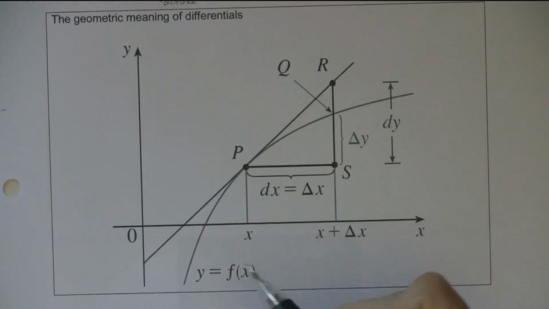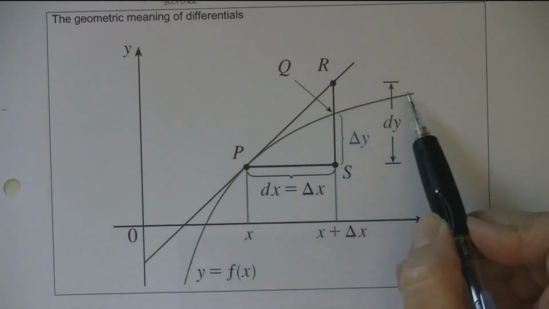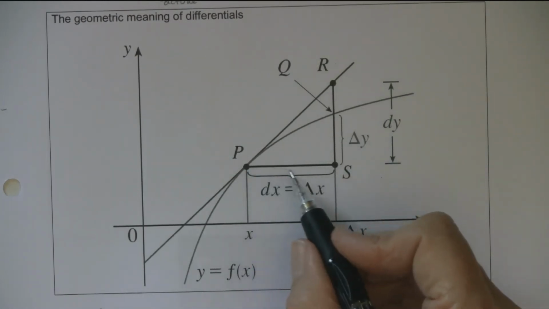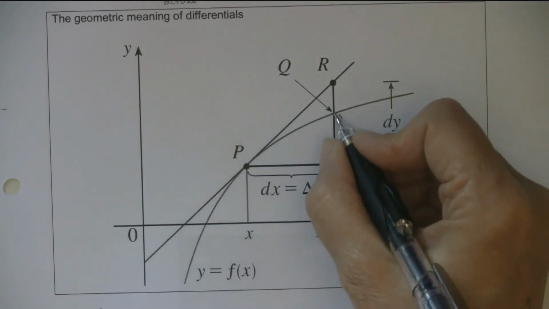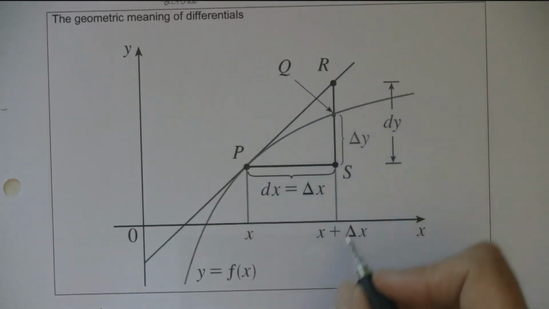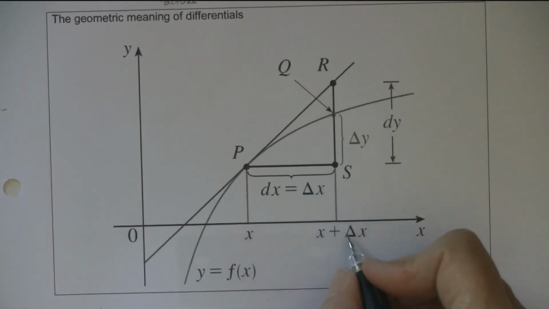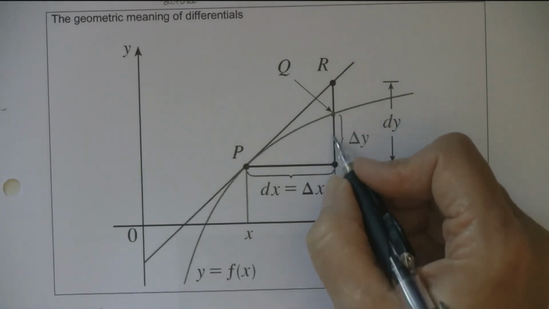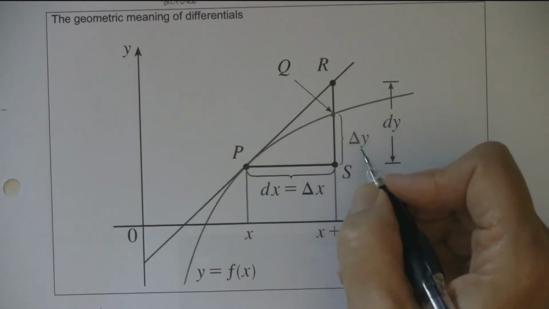And for this picture right here, here's my curve, y equals f of x. They're looking at, for a change in x from this point to this point, there's a change in y. So the change in x might be 0.01. Well, how much different then is the output for that? And this is the exact value.